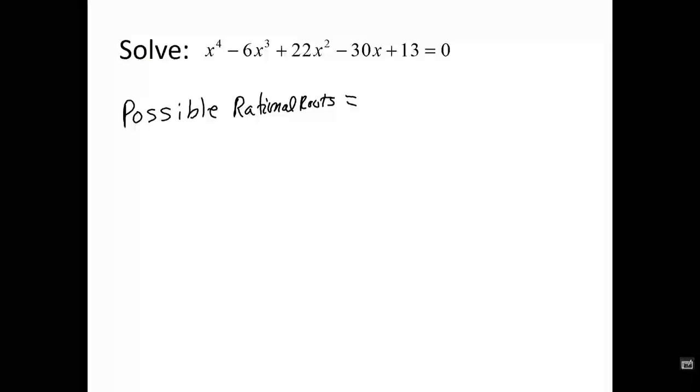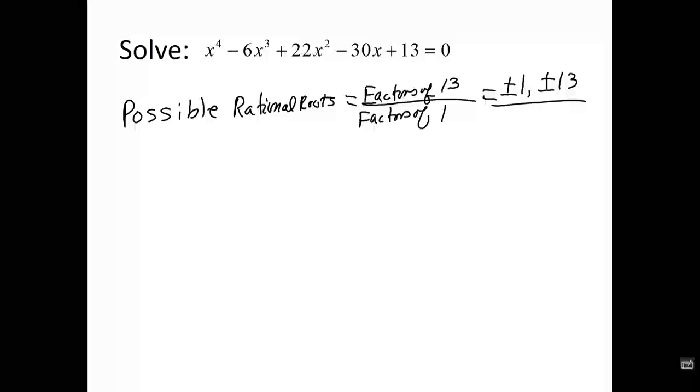So we want to consider the factors of the constant term 13 divided by the factors of the leading coefficient, which is 1 in this case. So the factors of 13 are plus or minus 1, plus or minus 13, all divided by factors of 1, of course, plus or minus 1.